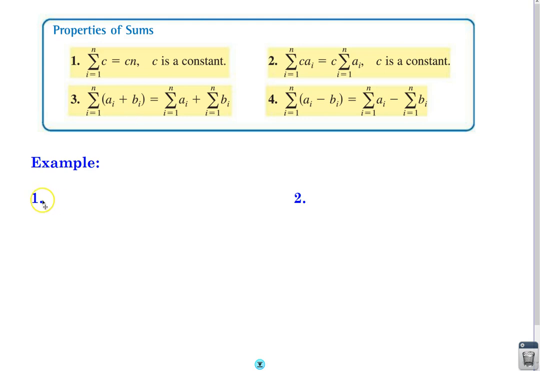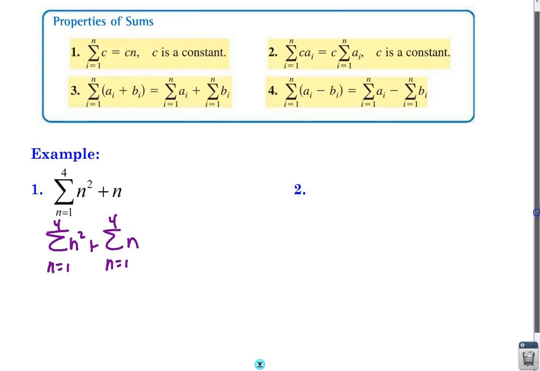Okay, so for example, if I had the problem, apparently it's tucked away, there it is, of 1 to 4 of n squared plus n. Well, using this property right here, I know what the summation is of n squared. I know what the summation is of n. So I'm going to go ahead and just rewrite this. N equals 1 to 4 of n squared plus the sum from n equals 1 to 4 of n. And then I can use my summation rules that we talked about on the last couple of slides.